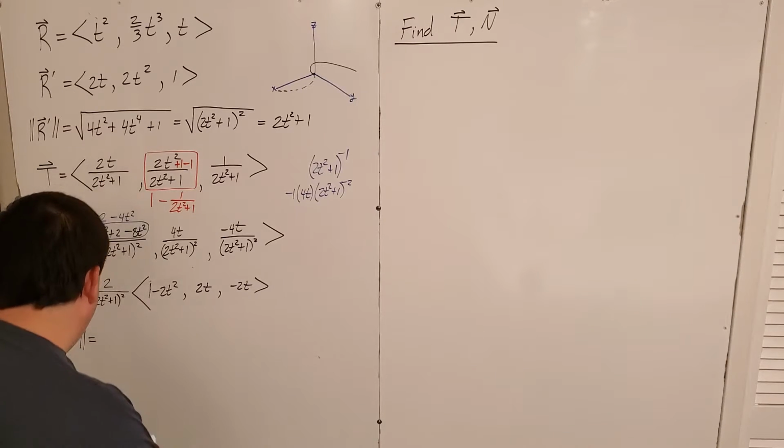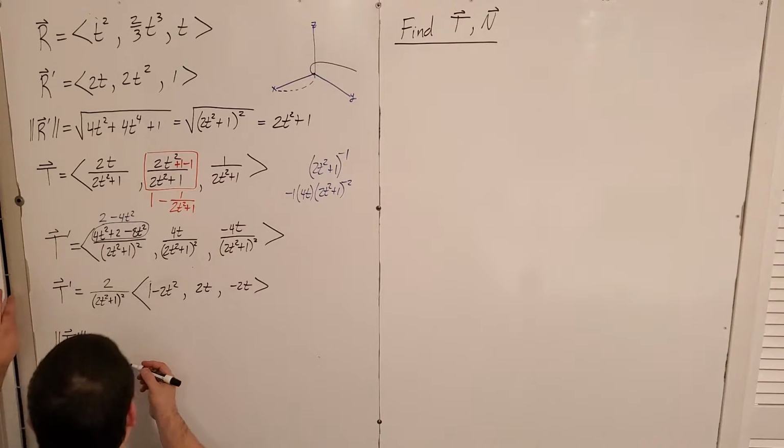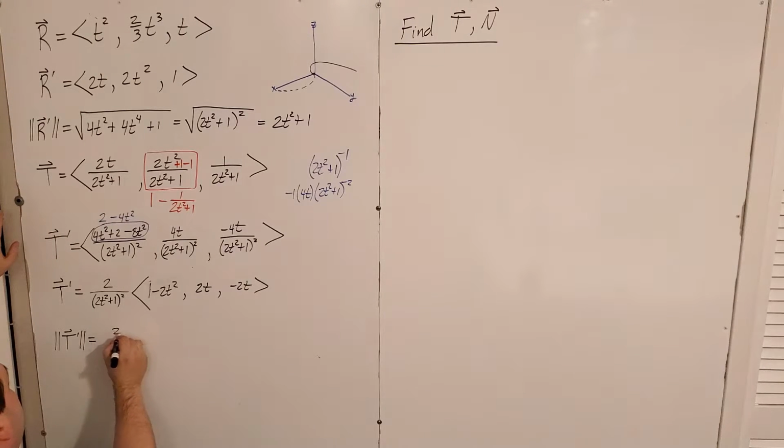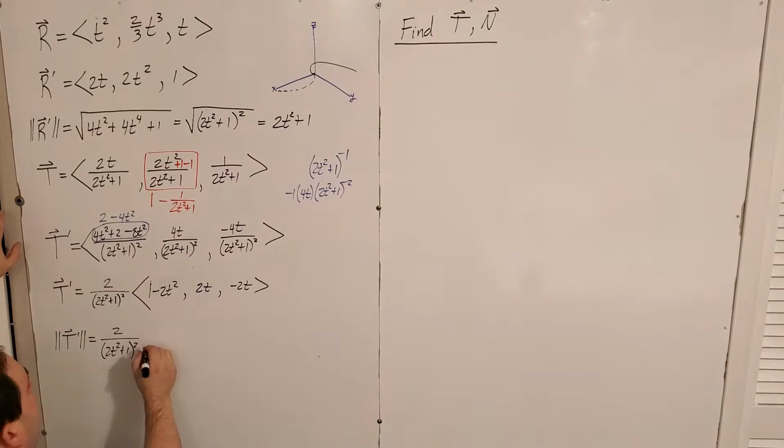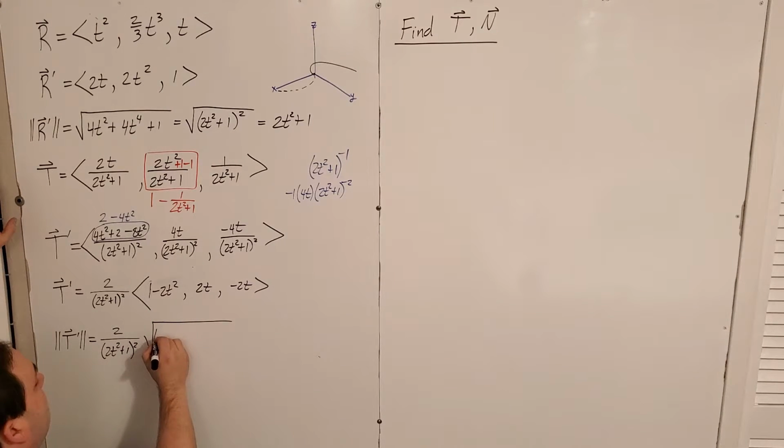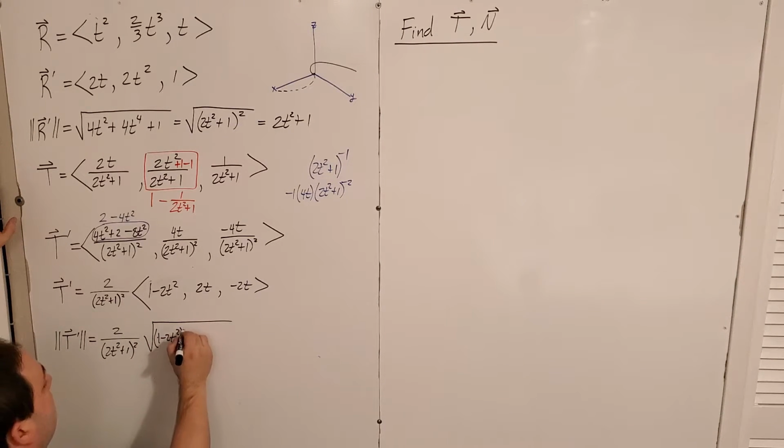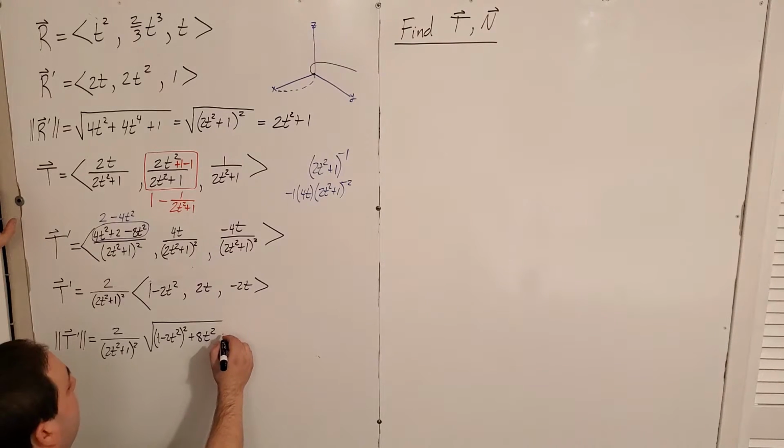So then, let's see. I'm going to have this 2 over 2t squared plus 1 squared. And then the length of this, the magnitude of that, is going to be the square root of this squared. And then I've got 4t squared and 4t squared, which is going to be 8t squared, right? Yeah, let's write that out.